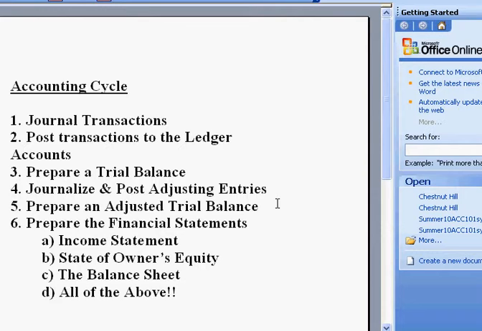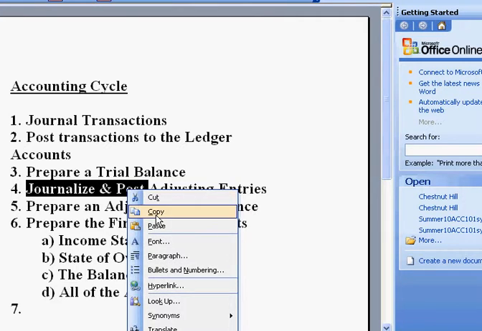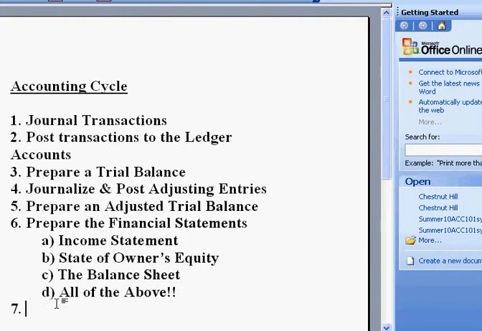Okay, after the financial statements are prepared, we come to step number 7. We're going to journalize and post yet again, and this would be to journalize and post the closing entries.